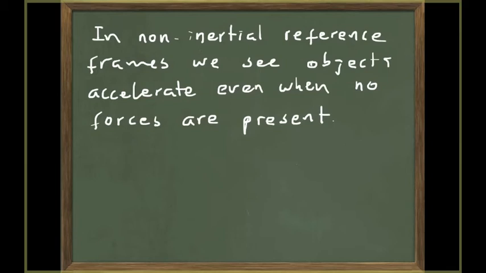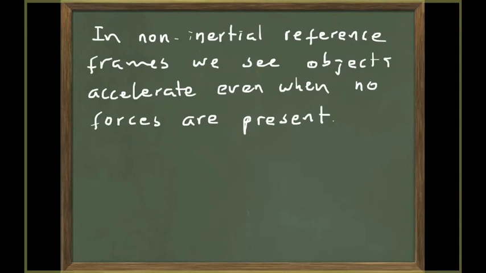From the point of view of the passenger in the bus, the ball seems to be rolling down the aisle towards him or her, even though there is no force responsible for this motion. So for this passenger, F equals ma does not seem to hold. The passenger measures an acceleration, but cannot find any source for this force.